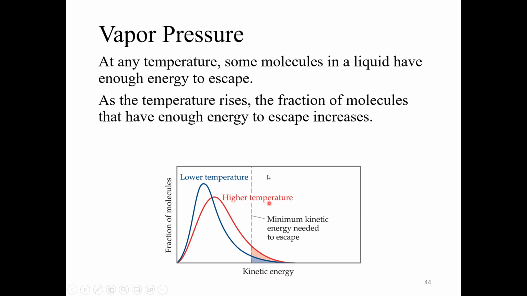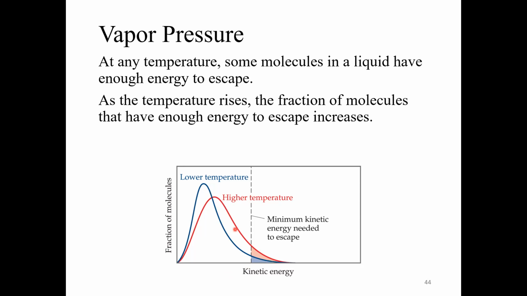So with it here, if we look at the dotted line, we can think of that as kind of the amount of energy needed to be overcome in order to break those intermolecular forces, have this substance go to the gas phase. And then each of these curves is representing the distribution of a sample in terms of its kinetic energy at different temperatures. So the blue line is going to be a lower temperature, red line is going to be a higher one.